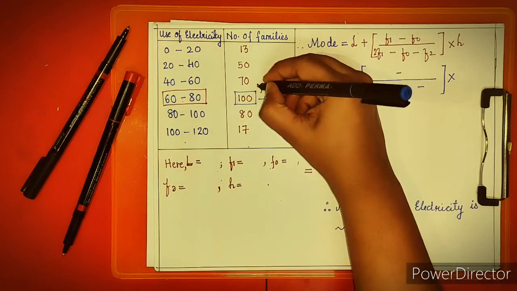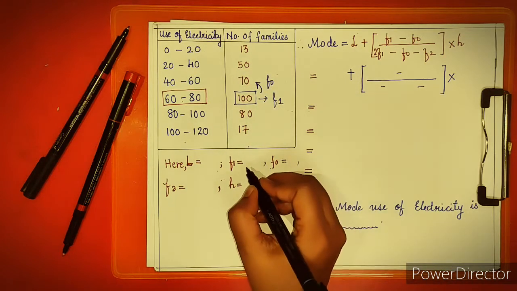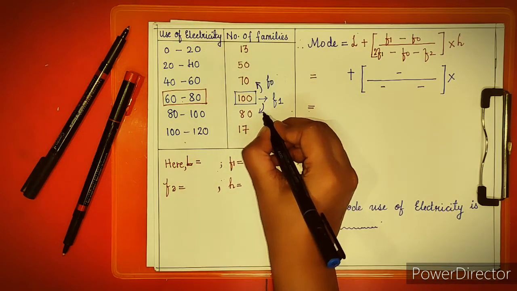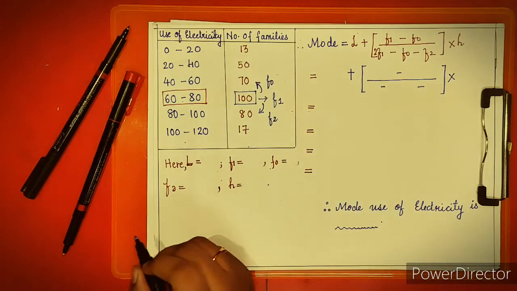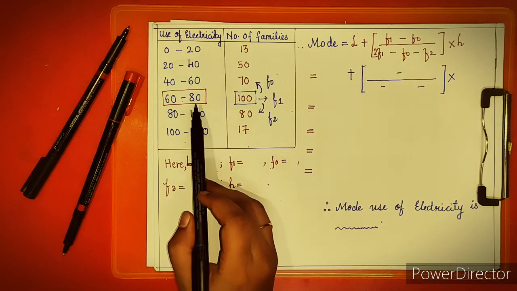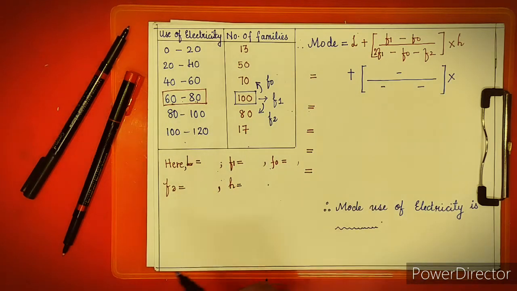Which is the preceding class? Your preceding class is F0. The value of F0 is 70, and the succeeding next class is 80, which is F2. What is the class interval? Height of the class, upper limit minus lower limit, which is 80 minus 60, which will give you 20.